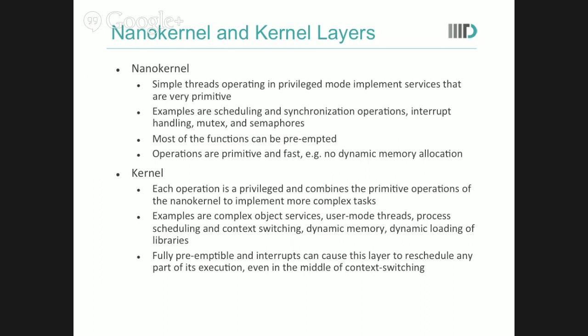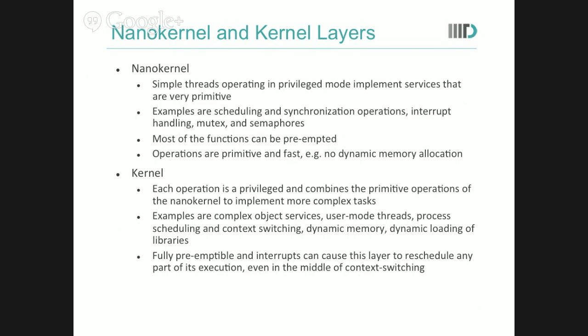And then you have the kernel, the other kernel, outside kernel. So this is also privileged. This is privileged. This is also privileged. And it combines these primitive operations of the nanokernel to implement complex tasks. And what are these complex tasks? These are something which you have defined: you create objects, and you pass on the objects, threads. You have user mode threads, not kernel threads, but user mode threads.